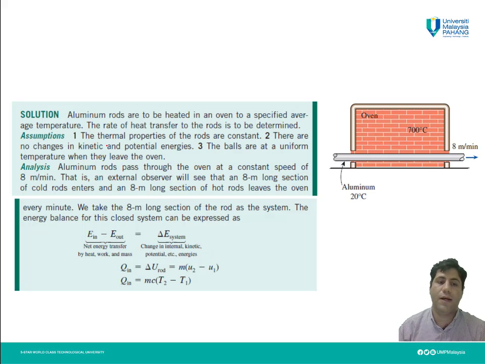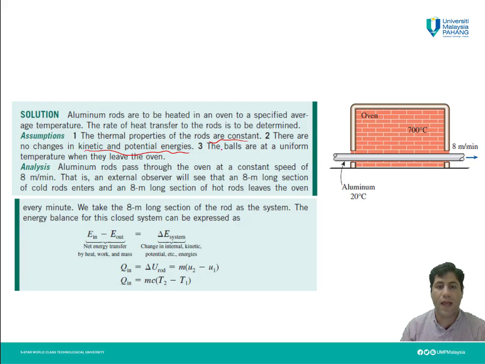So let's see what our assumptions should be. First, the thermal properties of the rod are constant during this heat treatment. Two, there are no changes in kinetic and potential energies. However, we have movement here for our system, but later we will see that we can deal with the example as a stationary system.